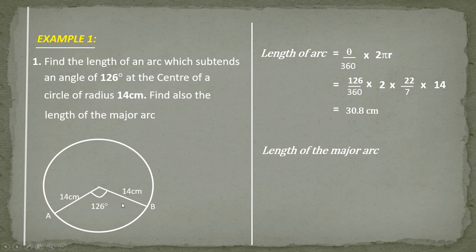In this case, we are interested in the major arc, which is the length from this point up to this point. Now you realize that in our figure that we've drawn above, this is 126 degrees, but angles at the center add up to 360 degrees, meaning that the balance of this angle here is going to be got by taking 360 degrees, then we subtract 126 degrees.